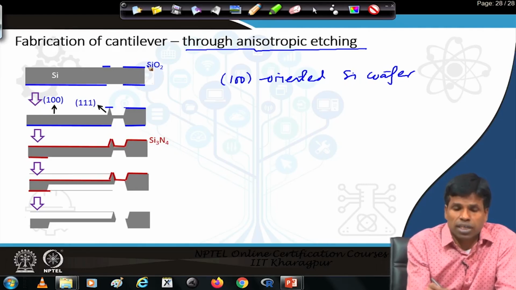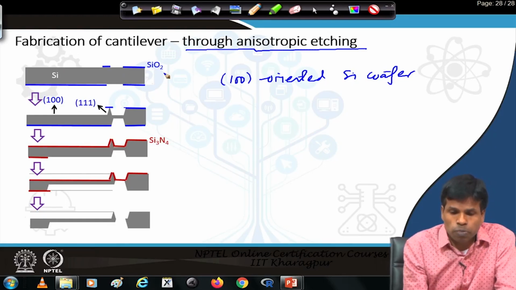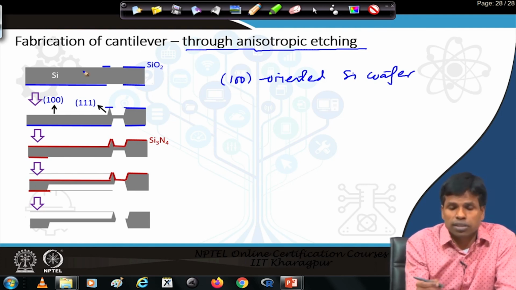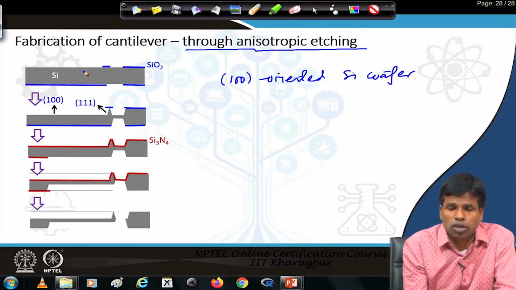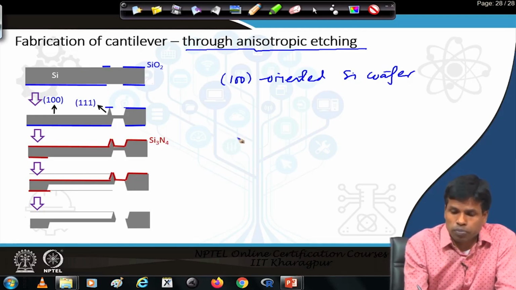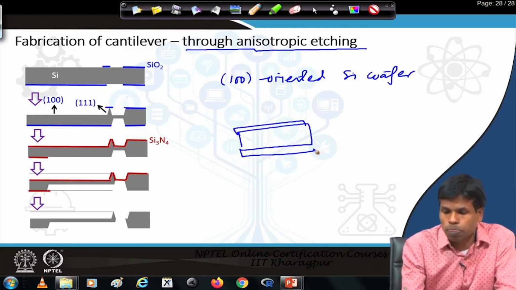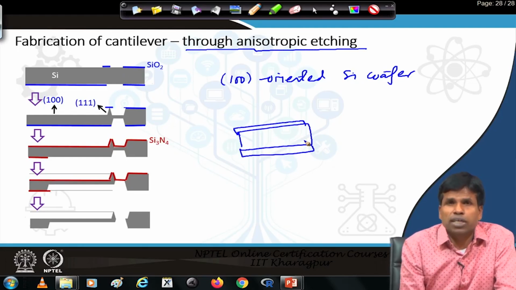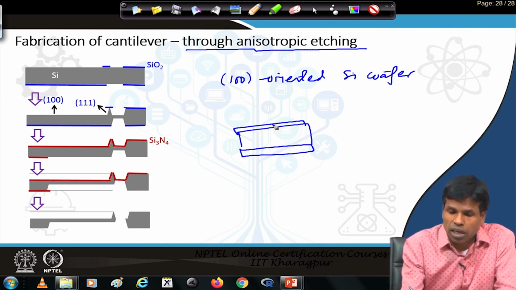So what you can do is that first you can deposit SiO2, or the silicon can be thermally annealed at high temperature, or wet oxidation can be done, so that both sides of silicon can have SiO2. Once a complete SiO2 layer is formed, then some region can be covered by a suitable resist material.